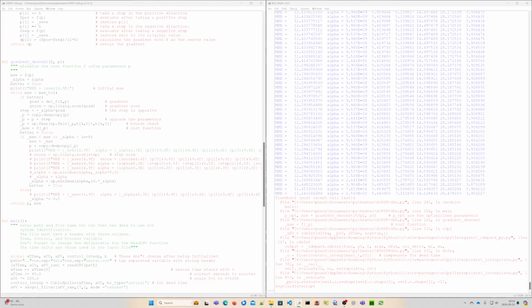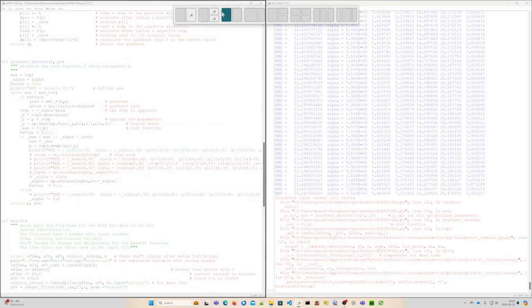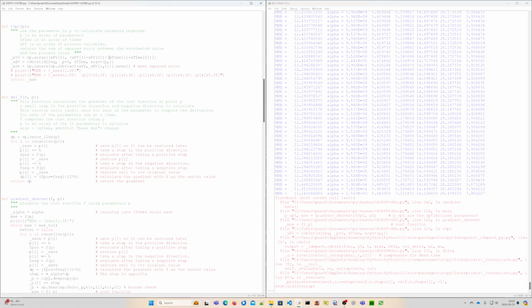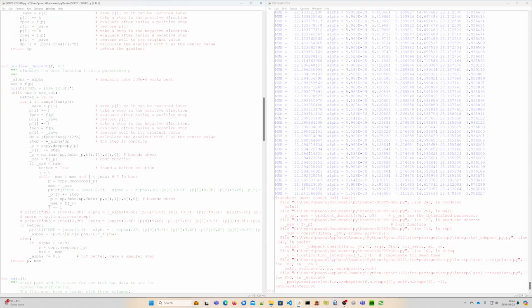And then another method I used, which I didn't think was going to work, and I saw this on the internet, and I thought, geez, it won't work, but I gave it a shot, and it turned out to work pretty well. It is a coordinate search. All these routines are the same until we get down to this gradient descent part.